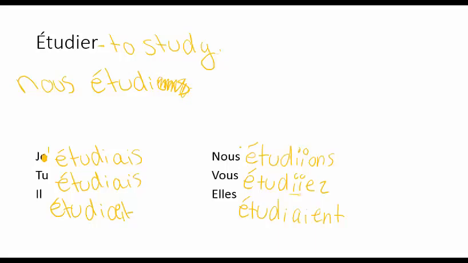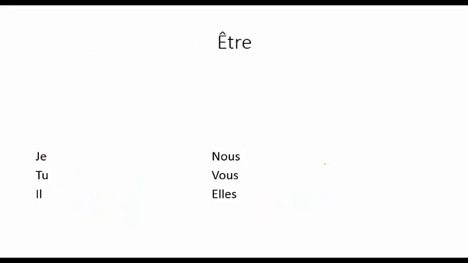Now, that is not only to keep the rule as close as possible, but it also has a different pronunciation. So, étudiant, there's an extra emphasis on the ion rather than étudiant. Over here, there's just one I, so étudiant.